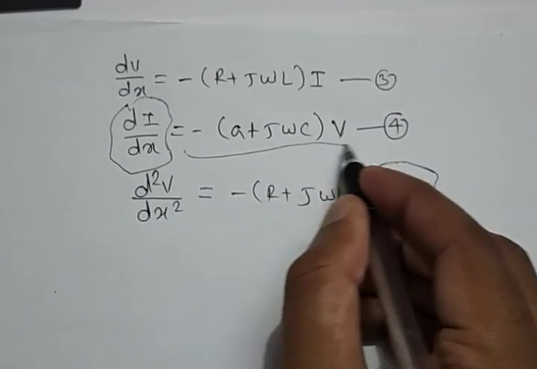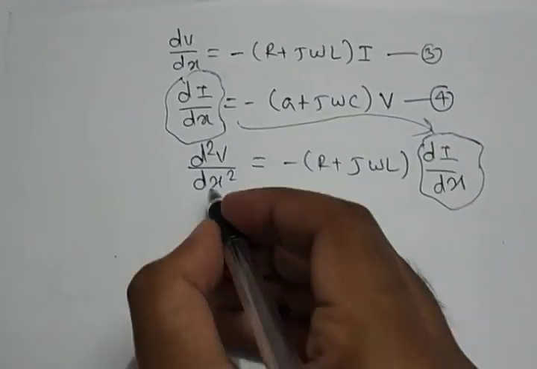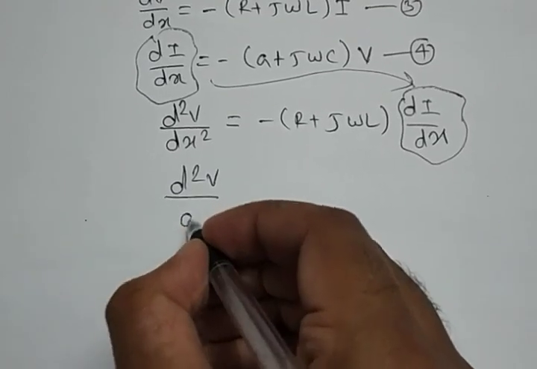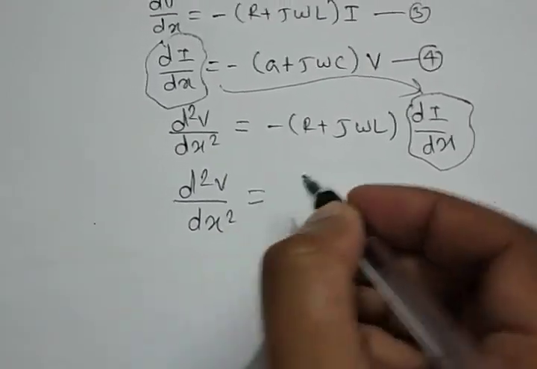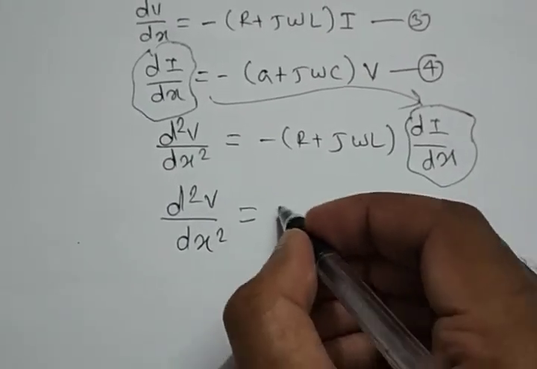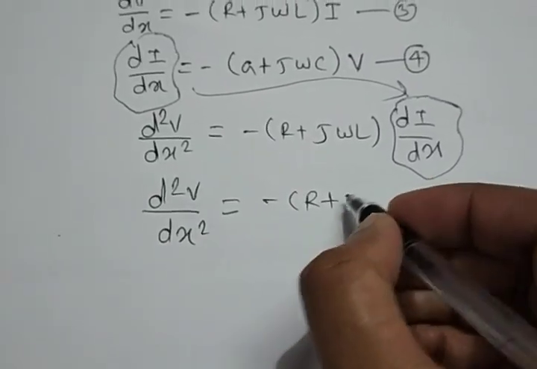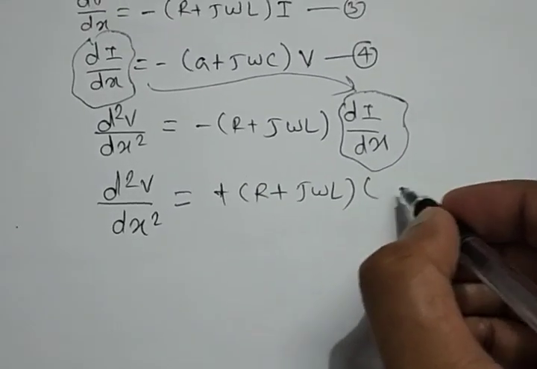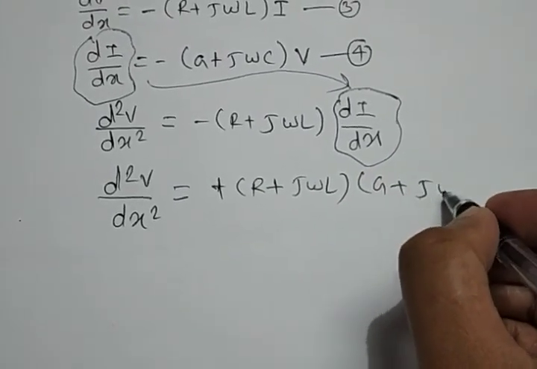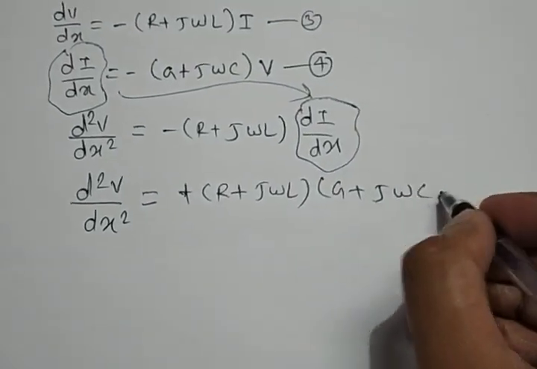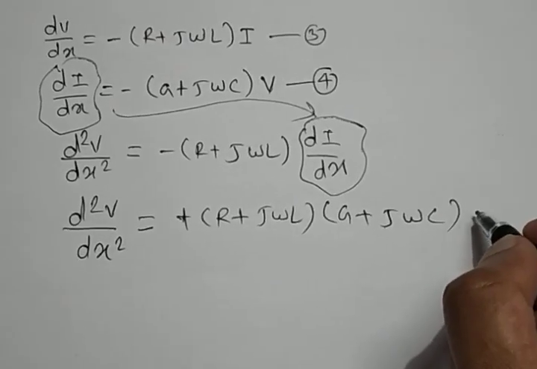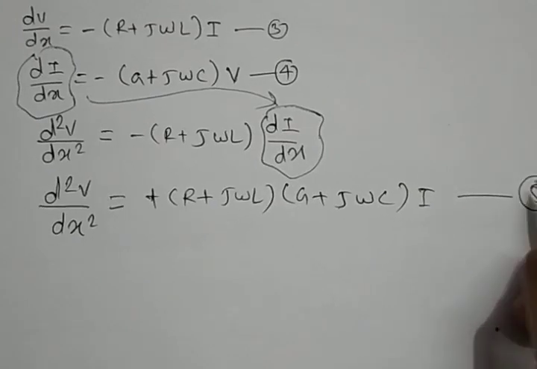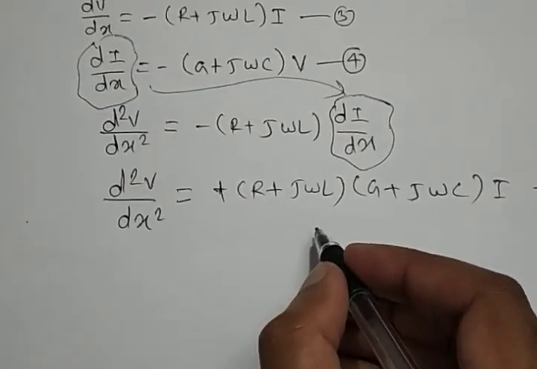Keeping this value of dI by dX, d square V by dX square is equal to minus R plus j omega L, minus minus will become plus, so here we will get g plus j omega C into V. So this is expression 5.